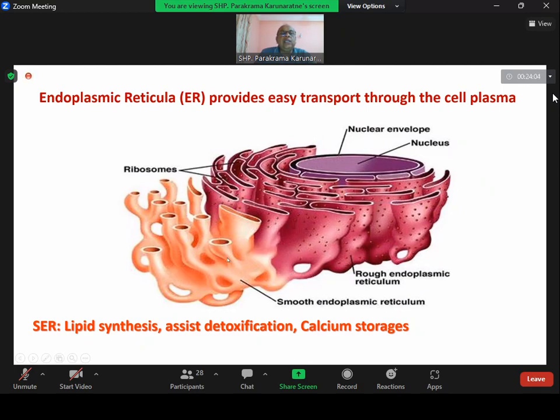The smooth ER has more functions like lipid synthesis, assisting in detoxification by breaking down toxic compounds, and acting as calcium storage.